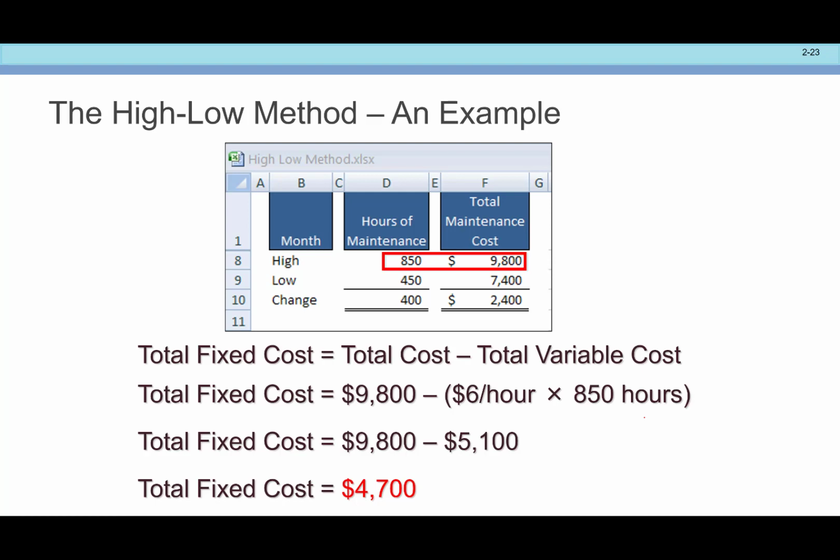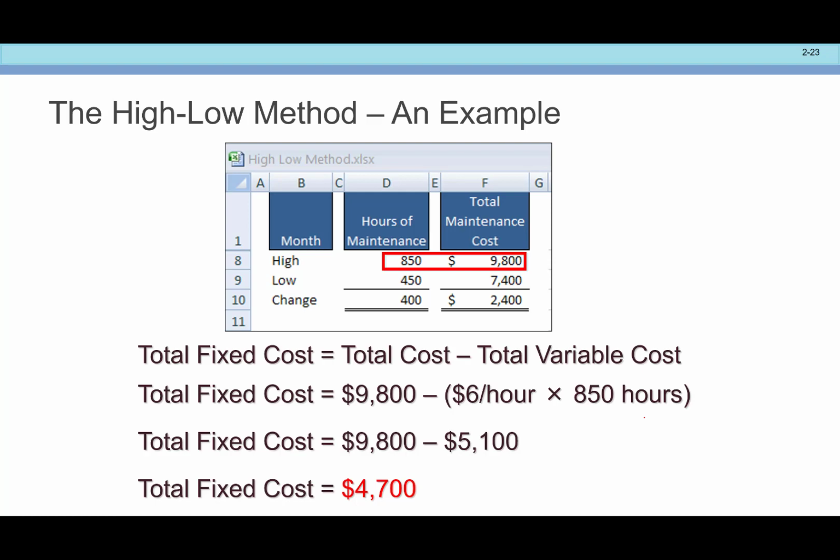They picked the high total cost, and then they took the variable cost per hour and multiplied that by the high number of hours at that high cost. So they really are taking the total overhead cost and subtracting off the variable cost, and that is going to give them the fixed cost, isn't it?